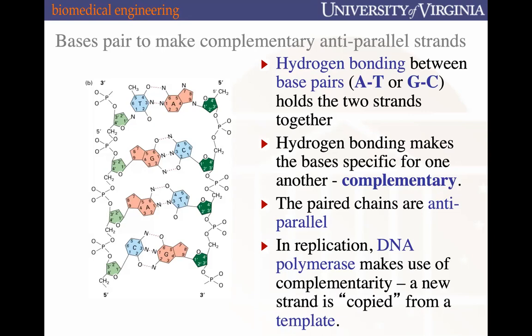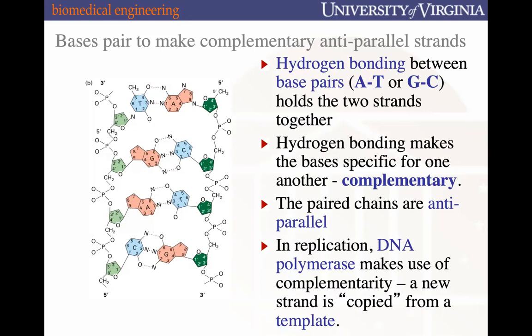And what's important, as you can tell in this image, is that it's mediated by complementary or matching hydrogen bonding between A and T and C and G. Between adenine and thymine we have 2 hydrogen bonds, and between guanine and cytosine we have 3 hydrogen bonds.